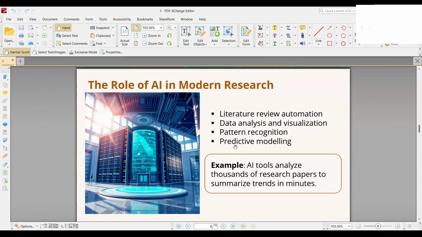The role of artificial intelligence in modern research: literature review automation, data analysis and visualization, pattern recognition, predictive modeling.